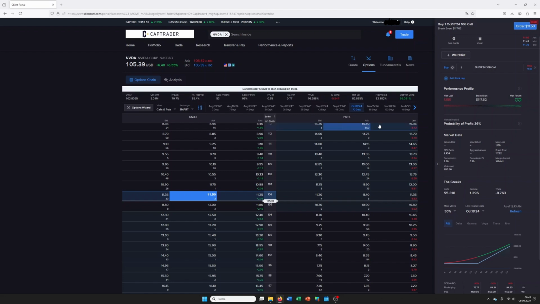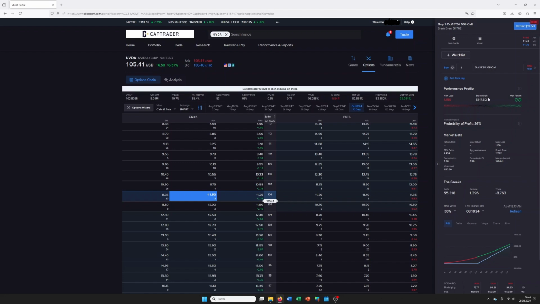As you see, it is the multiple of 100, so $11.50 times 100. Your break-even price will be around 117.60, so the stock price needs to rise above that level at expiration for you to be in profit.